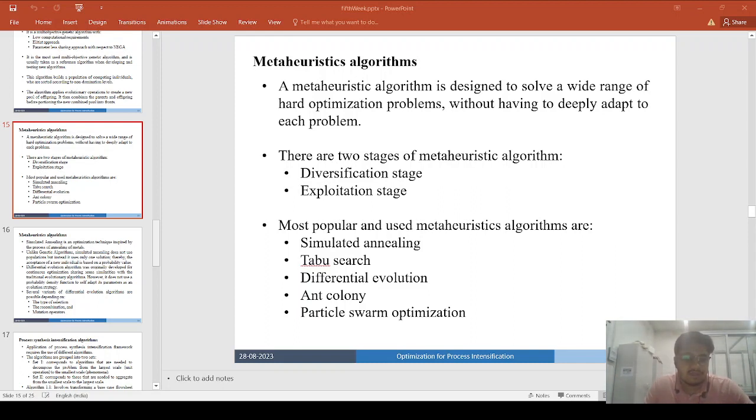Now, to register the information about the optimal points, different memory arrays act as operators. The main operators are three kinds of memory arrays: the short term memory array, the intermediate term memory array, and the long term memory array. These memories register the information about recently visited points, optimal or near optimal points, and the explored region respectively.